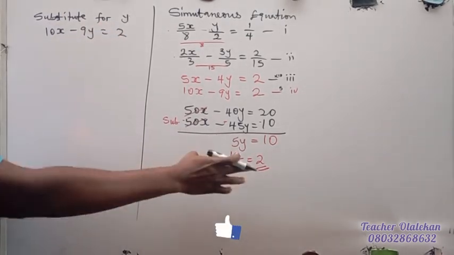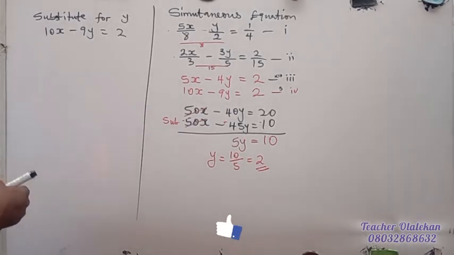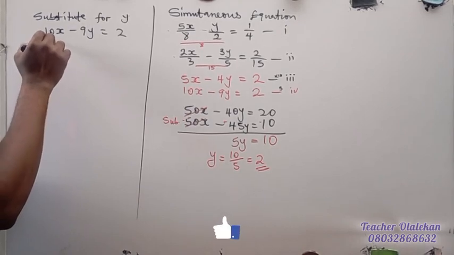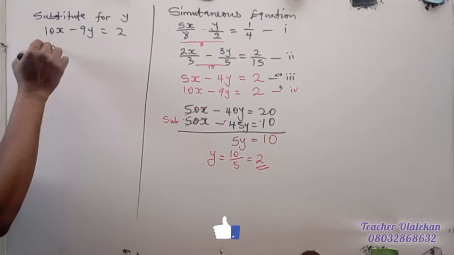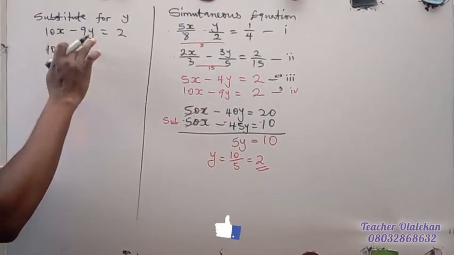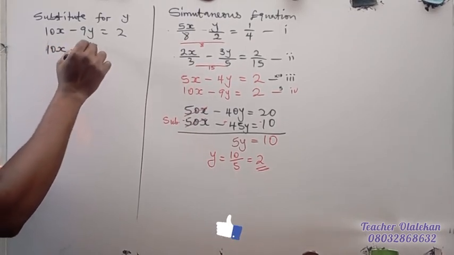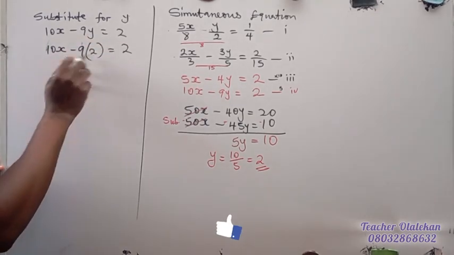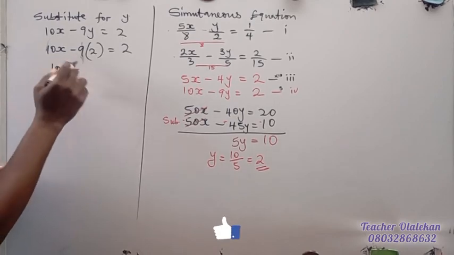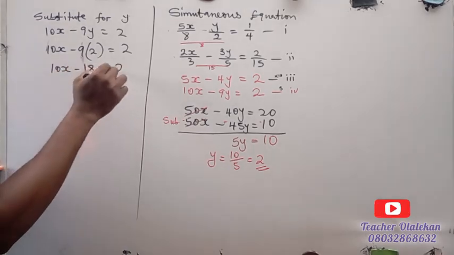Anywhere we see y, we put that 2. So that becomes 10x minus bracket 9 into bracket of 2 is equal to 2. We multiply this, that becomes 10x minus 18 is equal to 2.